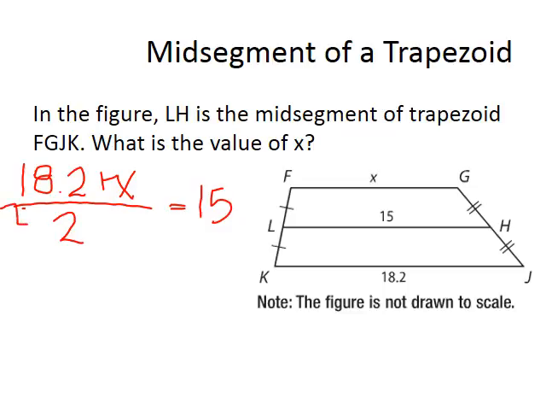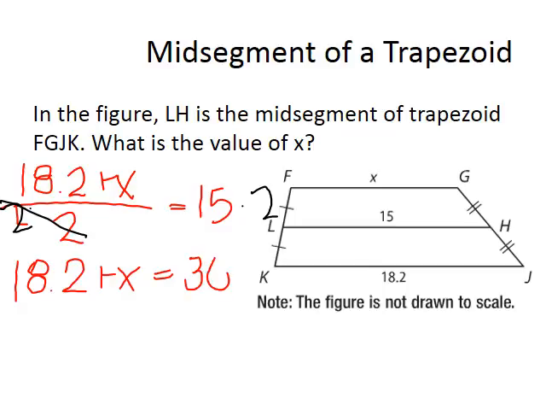Let me change colors so we can see that better. If we multiply both sides by 2, over here the 2's cancel out, and then we just simplify everywhere else. So we get 18.2 plus x equals 15 times 2, or 30. And now subtract 18.2 from both sides to finish solving for x.